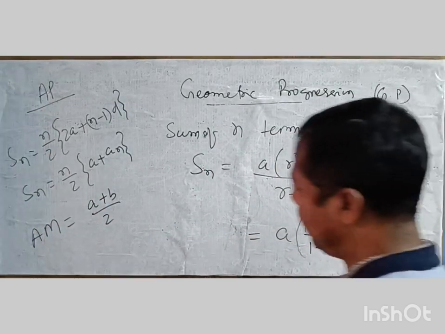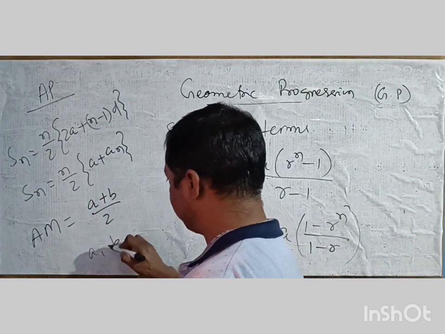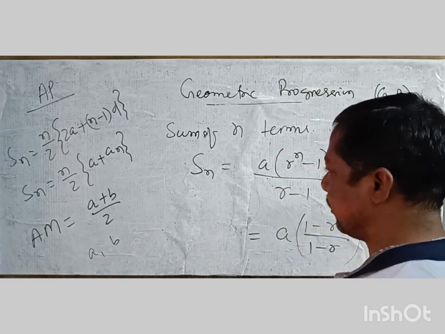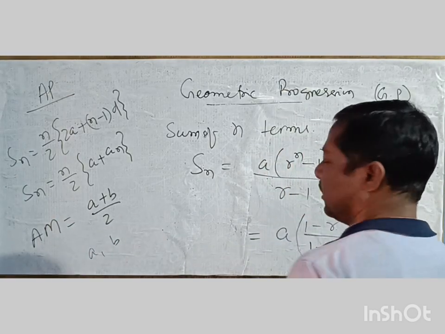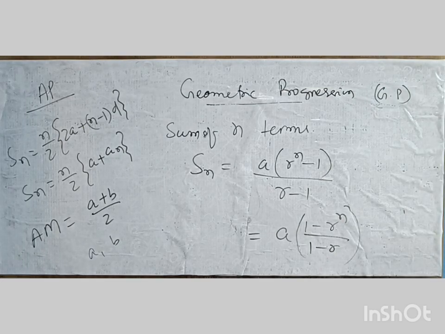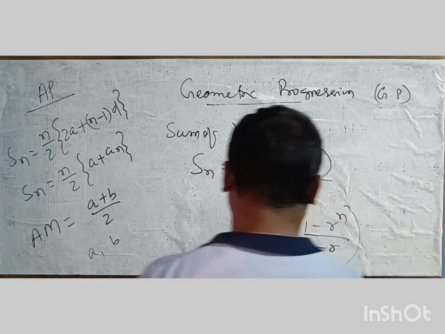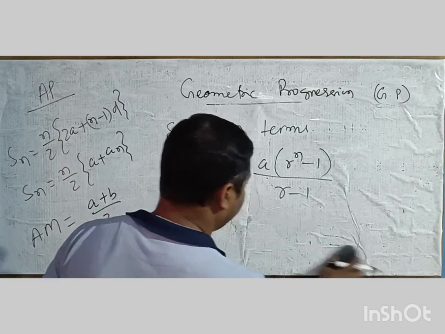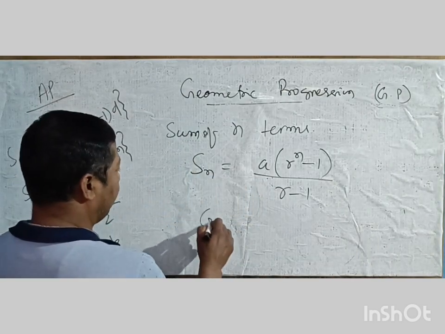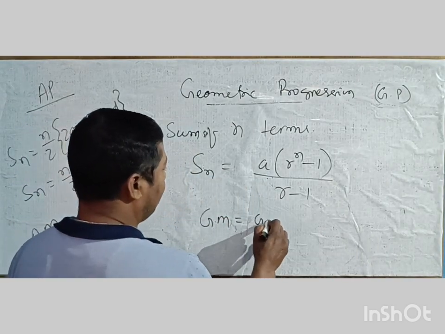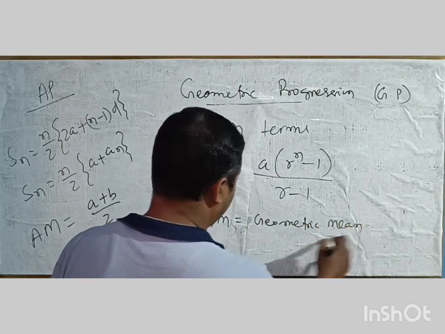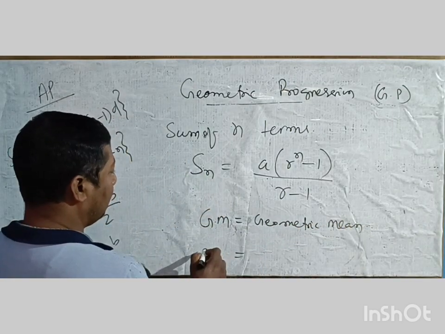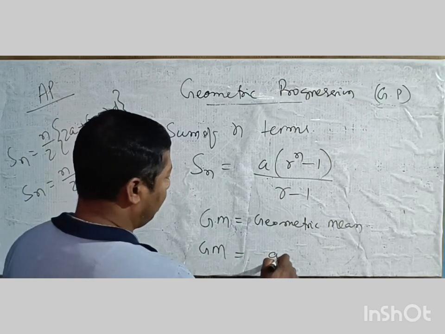If A and B are two terms present in AP, then the middle term that will be present in AP also will be calculated as AM, arithmetic mean, that is (A plus B) by 2. But in case of GP, the same thing is called GM, geometric mean, and that is root over AB.